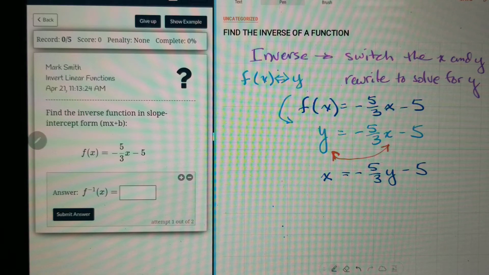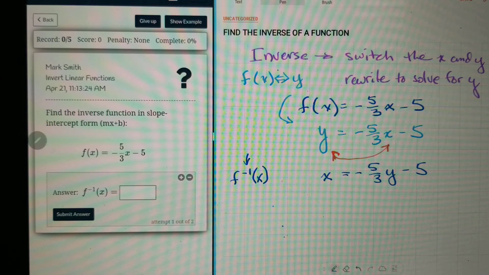Now that is actually an inverse function. The way we write an inverse is f negative 1 of x. Negative 1 means inverse, just like exponents, same thing. Negative 1 means inverse.